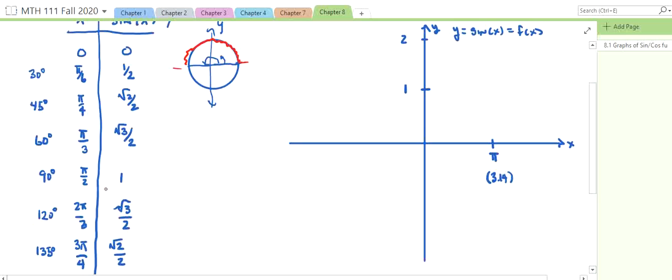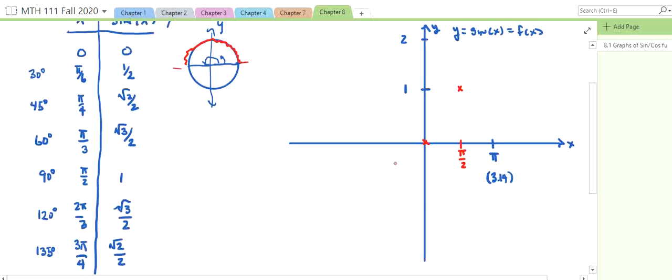For example, let's cherry pick some of these values. At 0, when x is 0, y is 0. When x is pi over 2, or halfway between these, y is up here at 1.